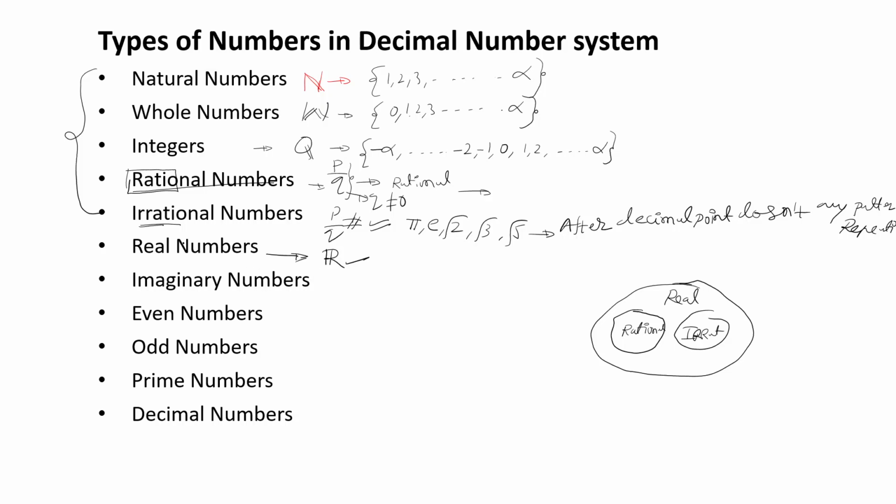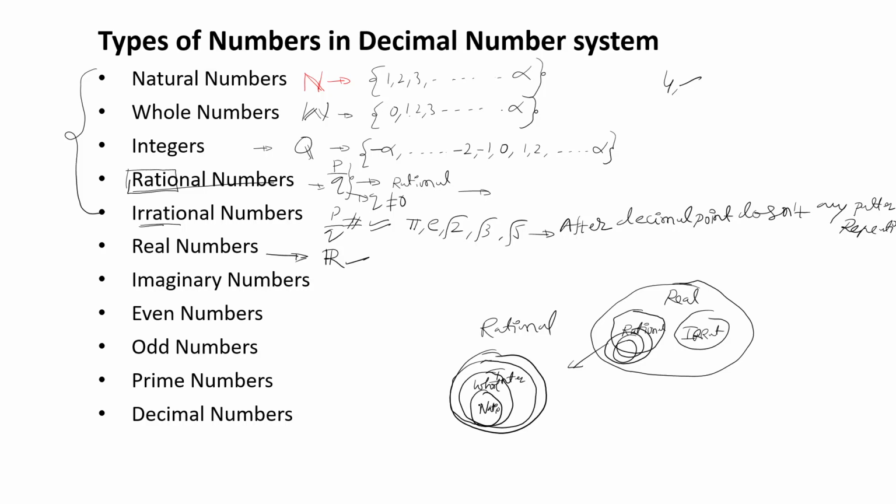Now if you say a natural number, for example 4, we can call it a real number, because in rational numbers, whole numbers, natural numbers and integers, everything will come. If you zoom into the rational numbers, then integers will come, and whole numbers, and natural numbers.